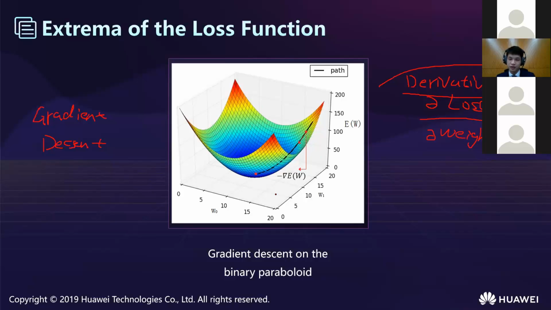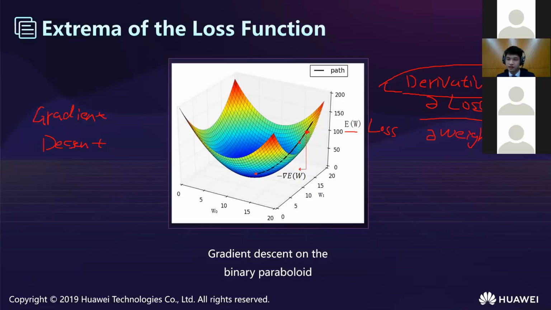For example, there are two weights, weight 1 and weight 0. And now we're here, and we want to find the lowest point. Here the E means the lowest value. Okay. So we only need to go to this point step by step.